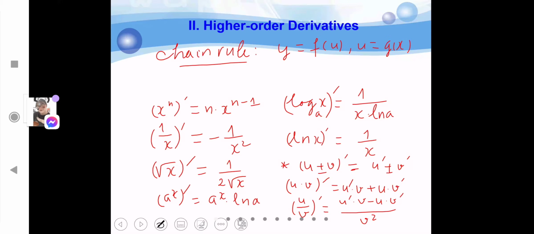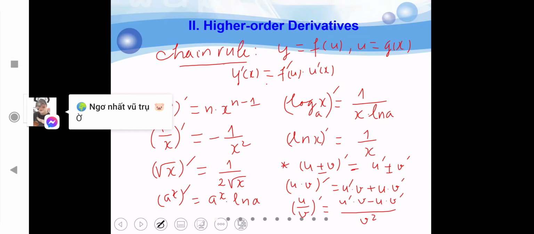So we consider y as a function of x. It is called the composite function, and y prime x equals f prime u times u prime x. It is called the chain rule.